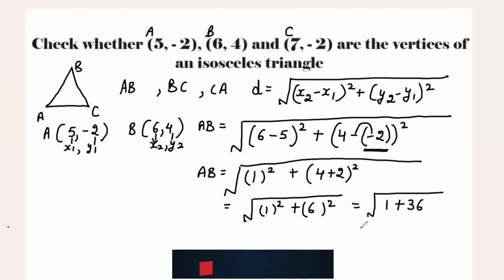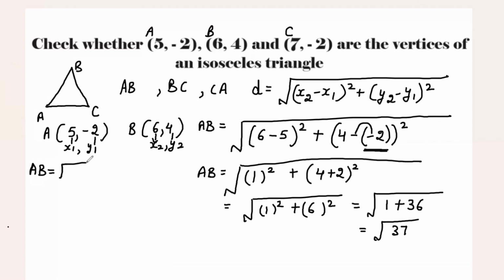So we'll get root 37. So the value of AB is root 37.